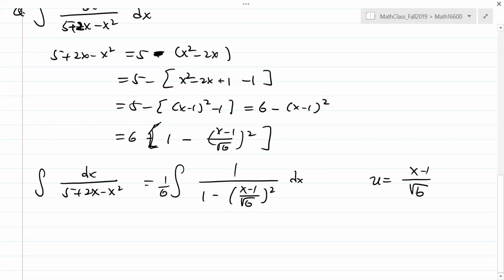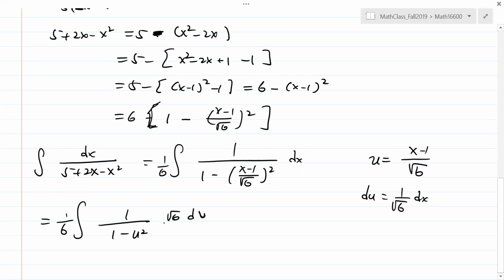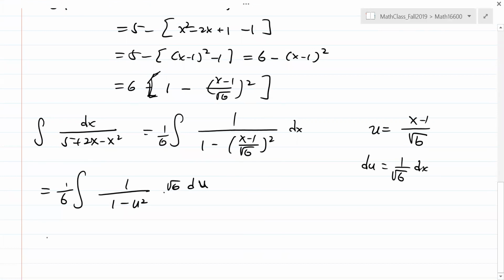Then du equals 1 over square root of 6 dx. So this integral is 1 over 1 minus u squared, and the dx is square root of 6 du. You see, it is very simple right now. Then you use the above formula.